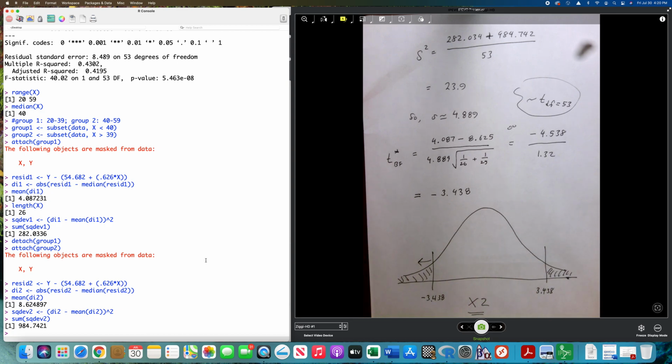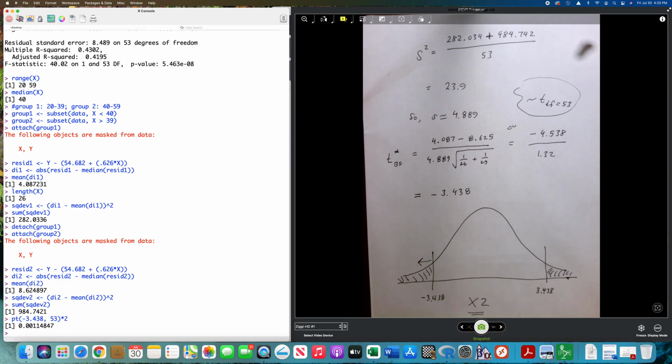Well, very easy to do. So we want the area, so pt of negative 3.438, degrees of freedom 53, multiplied by 2.